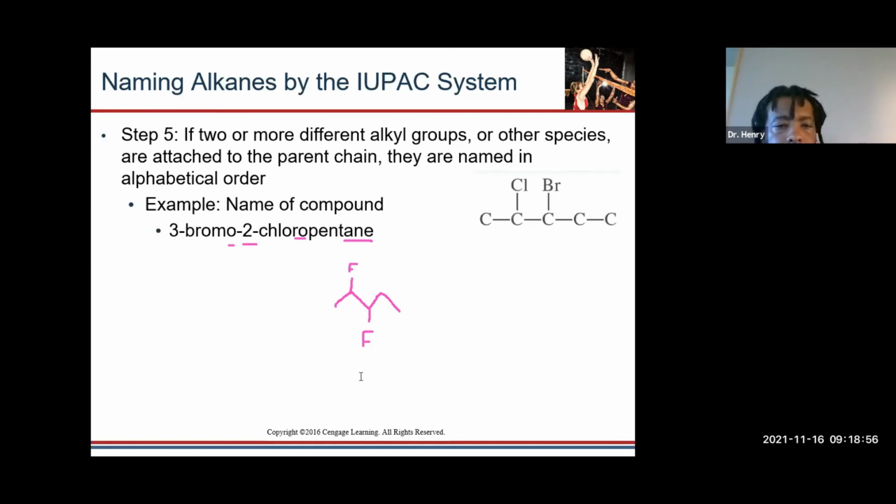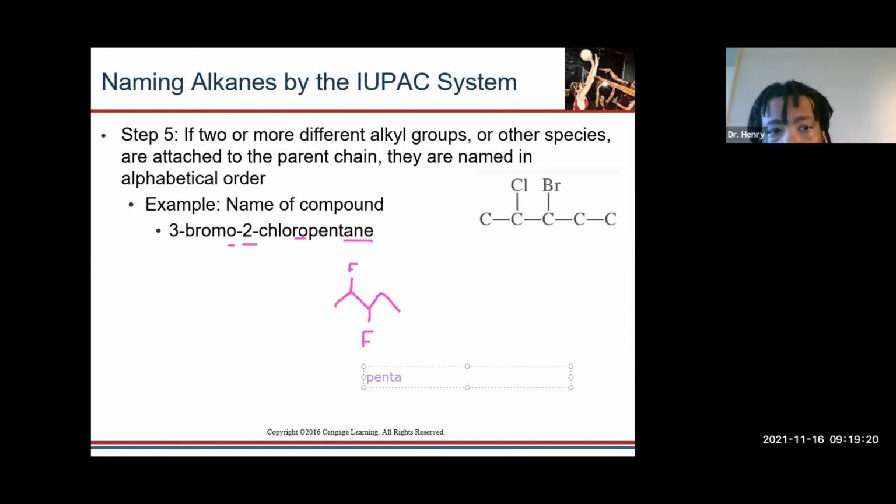So we go about naming this guy. 1, 2, 3, 4, 5. So a 5-carbon chain is called penta. That's right, penta.